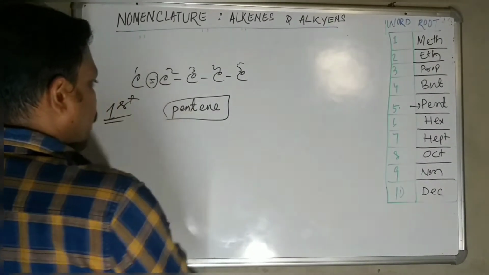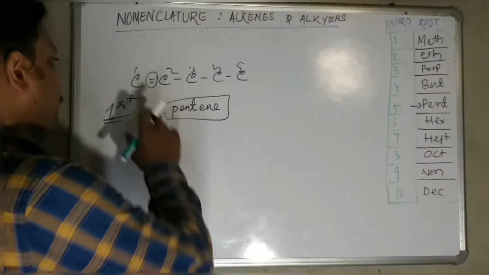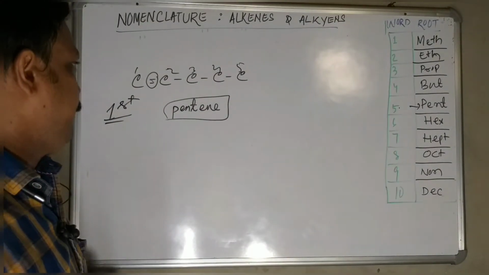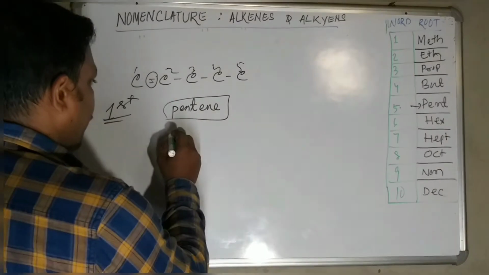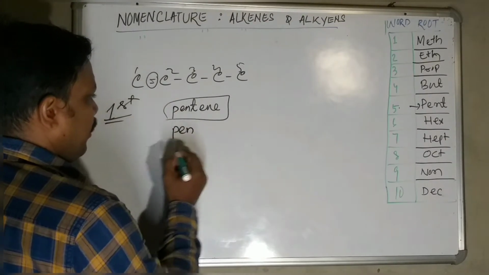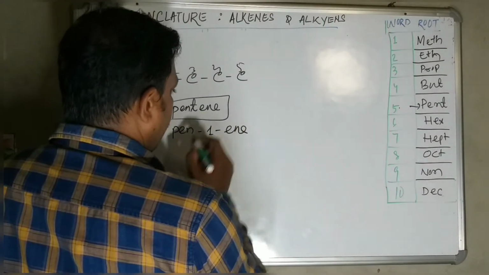But here we cannot define where the functional group is present, so we have to write pen 1 ene.